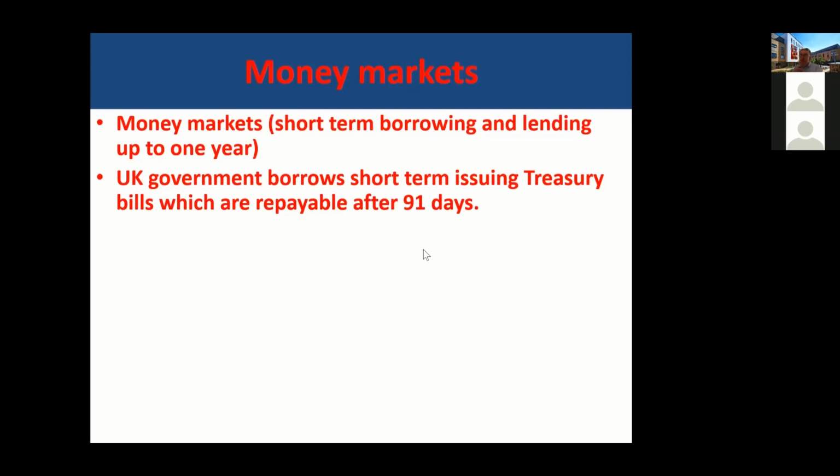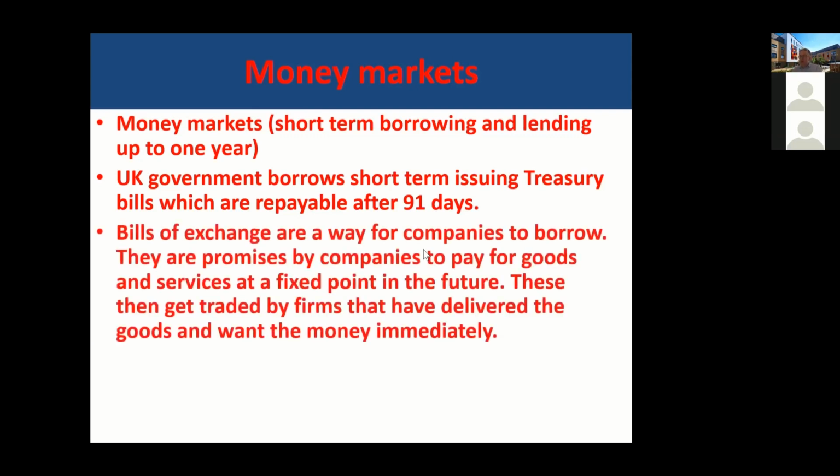You can have governments. The UK government might borrow short term by selling treasury bills, which are essentially repayable after 91 days. You also have commercial bills of exchange. This is a way for companies to borrow.